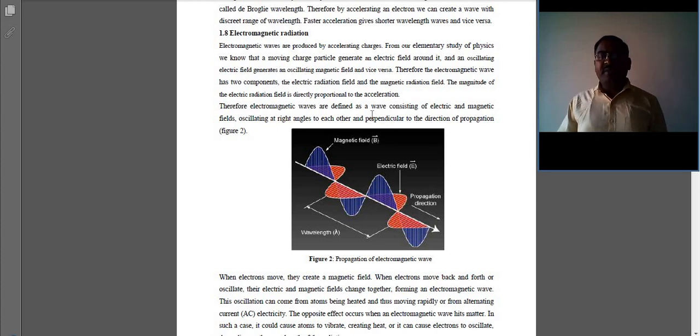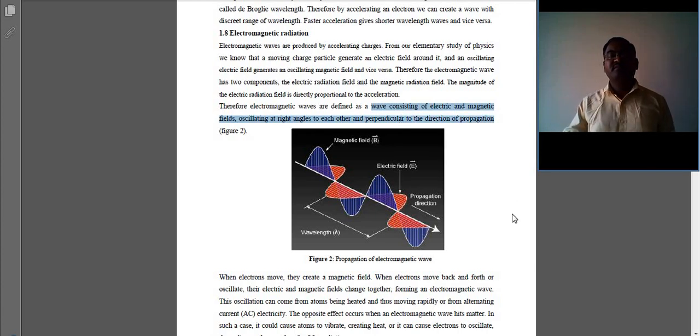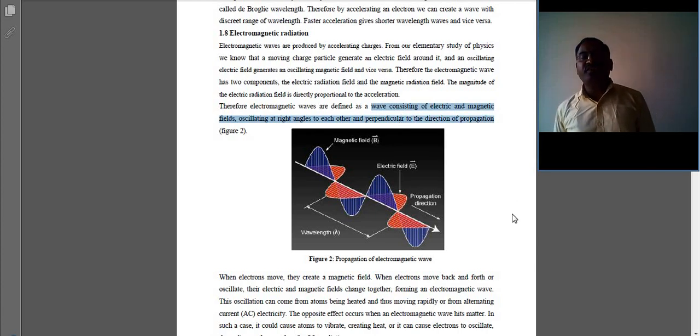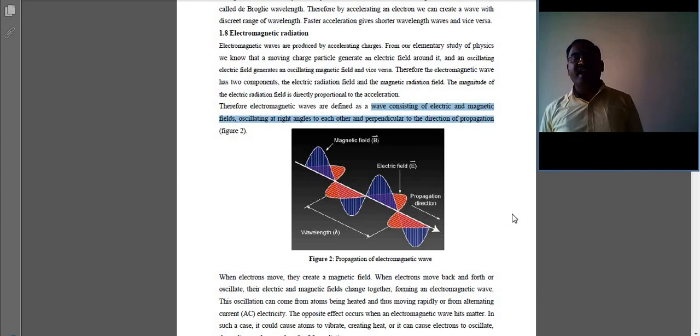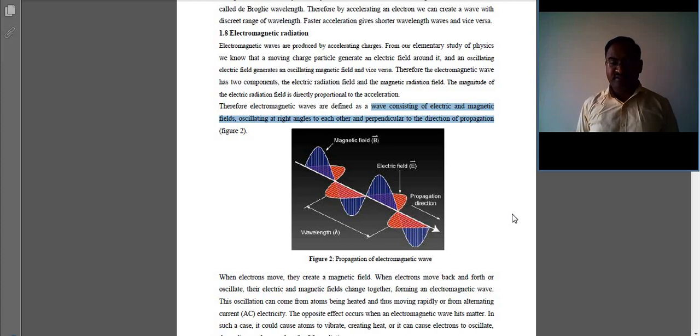An electromagnetic wave is defined as a wave consisting of electric and magnetic fields oscillating at right angles to each other and perpendicular to the direction of propagation.